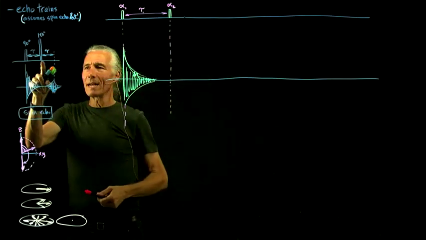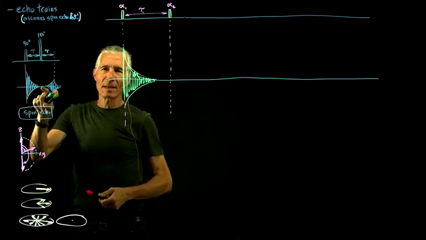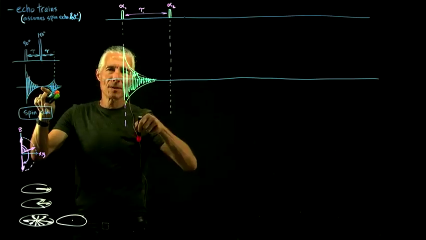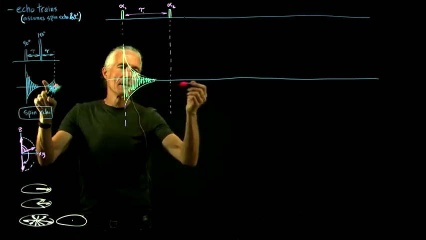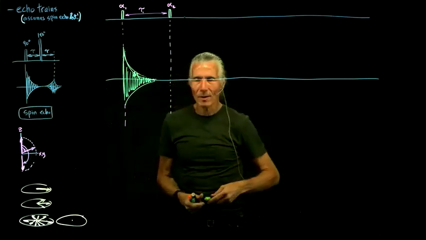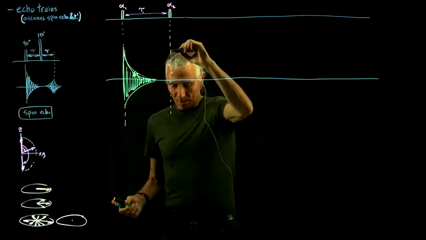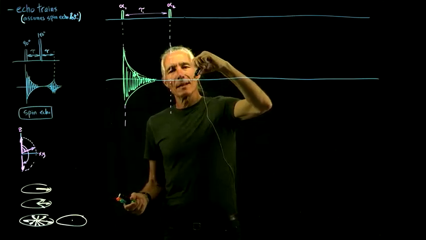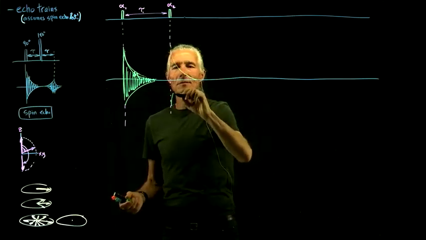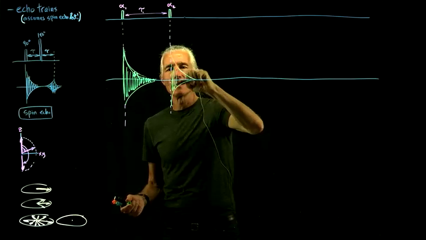If it was exactly 180, then it shouldn't make any signal because there would be no transverse magnetization. But since it's not necessarily 180, we'll get a signal out of that one too. So there's a second FID.